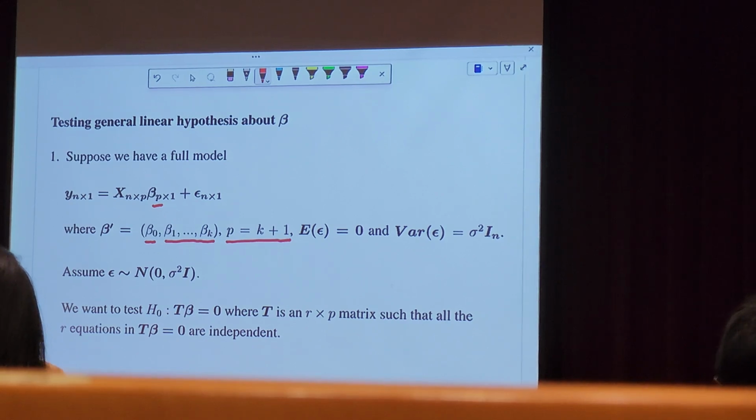So here's our multiple linear regression model. Expected value of the error vector is 0. The variance is sigma square I. So the diagonals are all sigma square, and the off diagonals are 0.